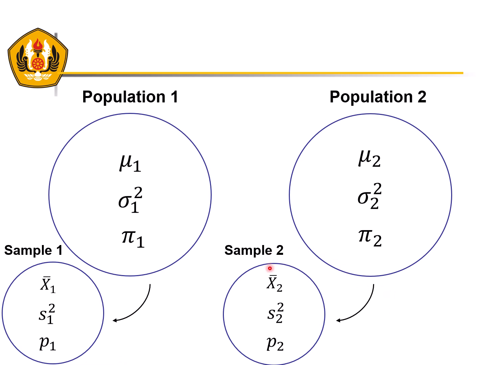For sample 2, similarly, we have x bar 2 as the mean for sample 2, s squared 2 as the variance for sample 2, and P2 as the proportion for sample 2.